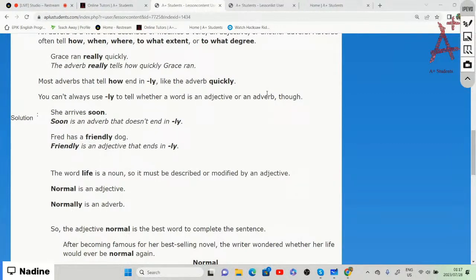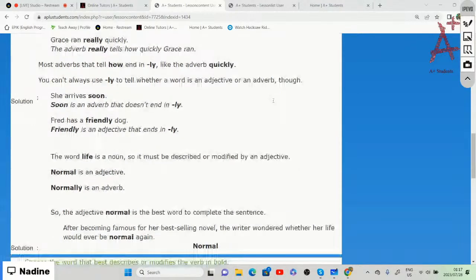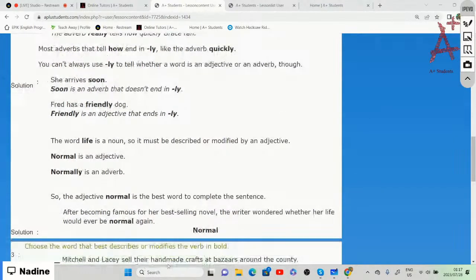A word that describes and modifies a noun is an adjective, which means that the word we are looking for is normal. So the adjective normal is the best word to complete the sentence. Let's reread the sentence: after becoming famous for the best selling novel, the writer wondered whether her life would ever be normal again.